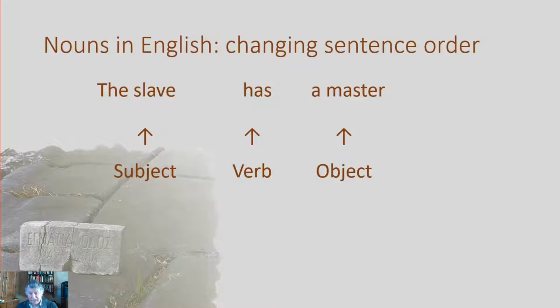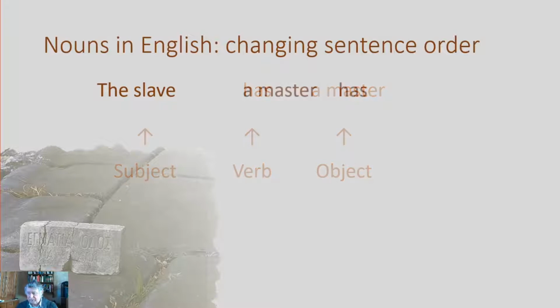So the slave has now become the subject, and the master has now become the object. And what that's telling us is that in English, the word order is extremely important. It has a grammatical implication as well as a visual implication, if you like. So the position of the noun determines, to some extent at least, its function.